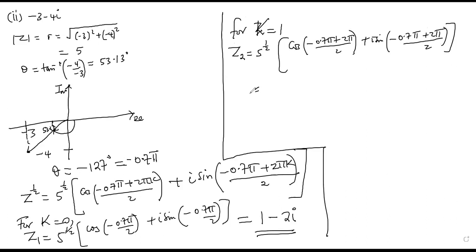So this is, of course, you have to first add this and this. So it will come to negative 1 plus 2i, implying that our square root of negative 3 minus 4i is equal to plus or minus 1 minus 2i, meaning that it can be positive this or negative of that.